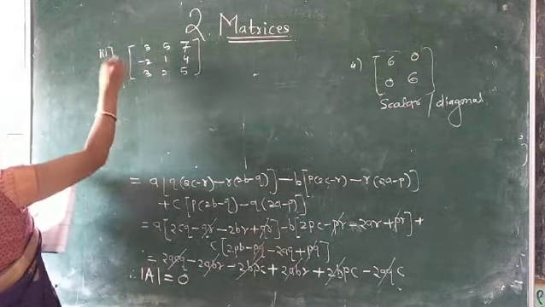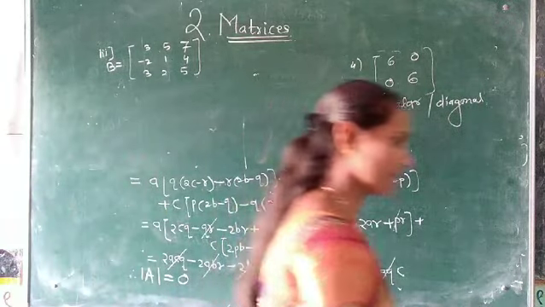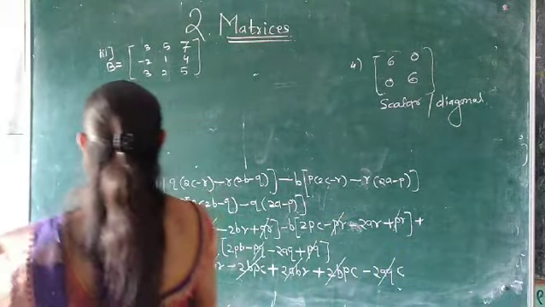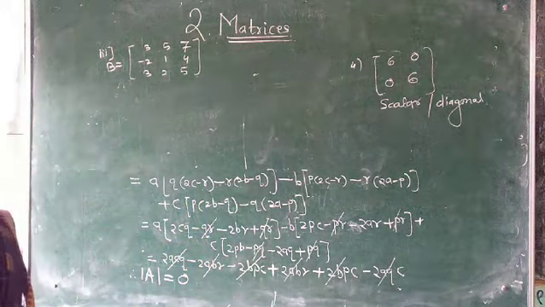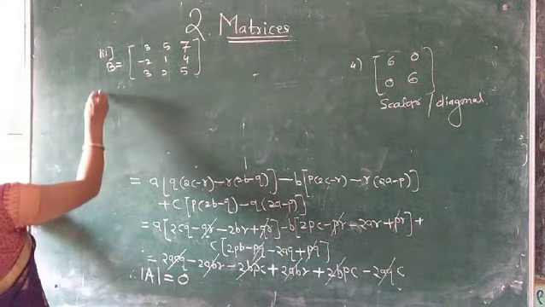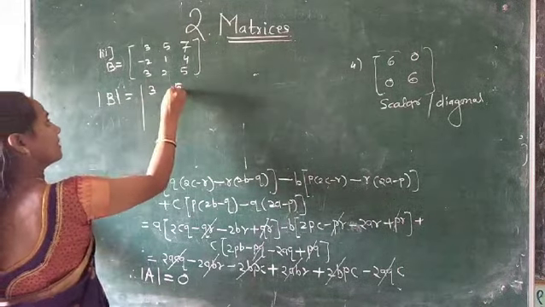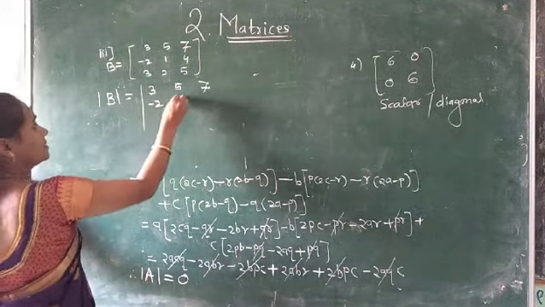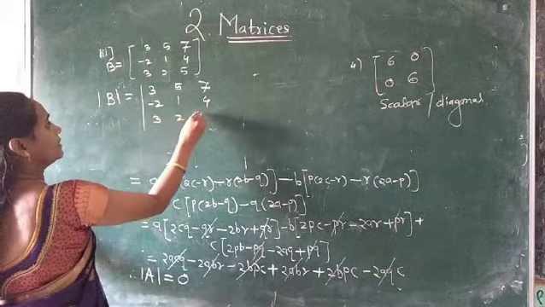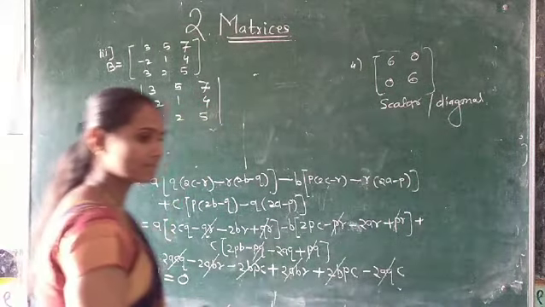So consider matrix B. Therefore, to check whether it is singular or non-singular, we have to find its determinant. Therefore, first write determinant B, that is 3, 5, 7; minus 2, 1, 4; and 3, 2, 5. And solve this determinant.